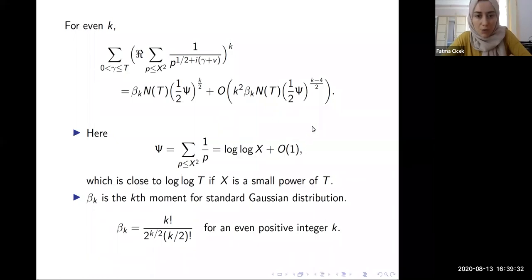And by Mertens' theorem, this is of the size log x, which is really close to log t if you choose x to be close to t. Okay. So what we have here is that these moments match the moments of a Gaussian distribution. And then we just have this k over 2 power of 1 over 2 c. And then, of course, we have the normalizing factor n of t.